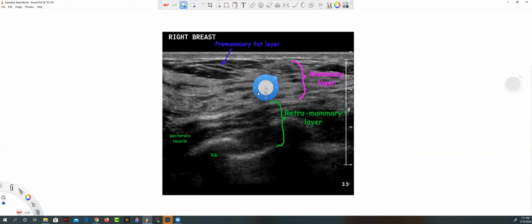So then they'll send someone to ultrasound just for a double check. But that is a transient finding as far as the long-term age of a patient. When they get older, that really dense material tends to go away.